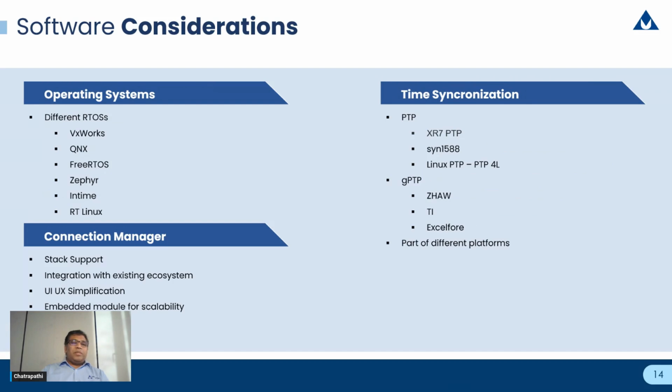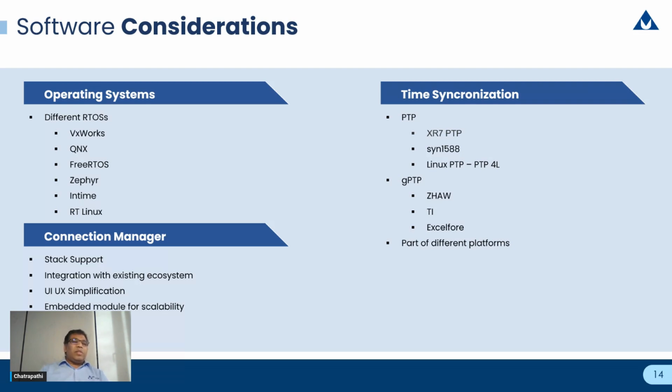So in addition to the stack, we need these other aspects as well. So operating system considerations. Any RTOS would be suitable if you are looking at implementing very deterministic and reliable communication capabilities into your controller.